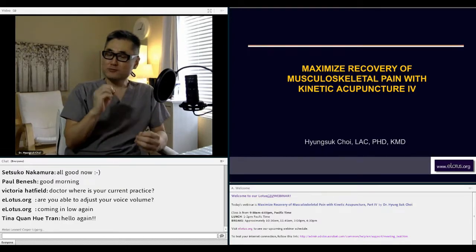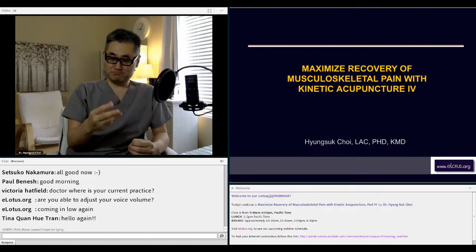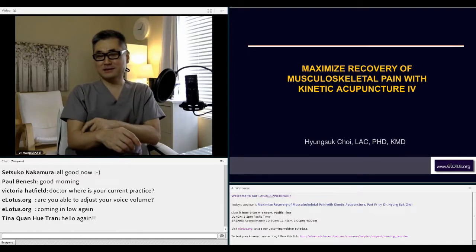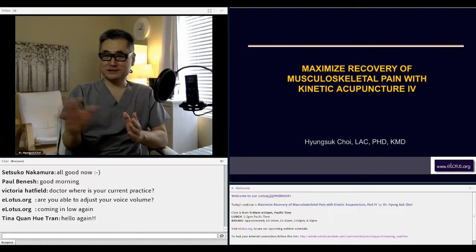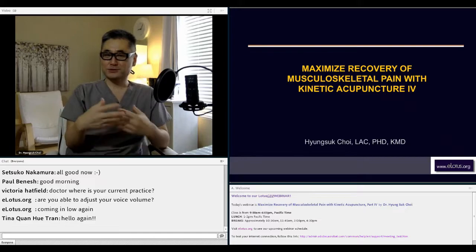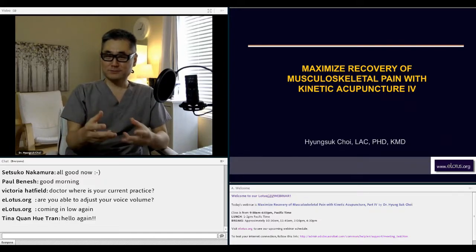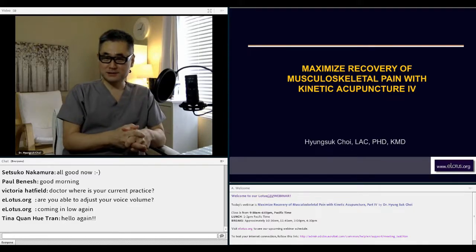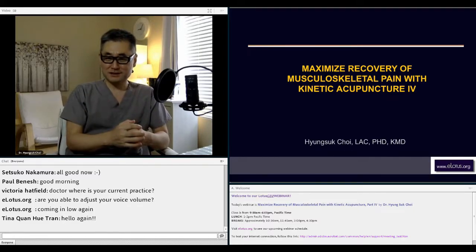If you do not want to give a mobilization or passive exercise with needles inside, you can just get rid of all the needles and apply those passive movements after the insertion, after pulling out the needles.